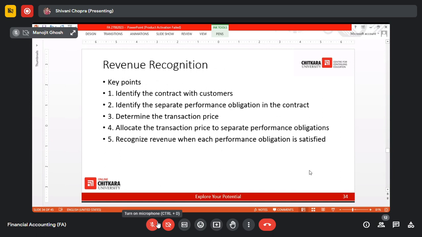The first one is identify the contract with the customer. Okay, identify the separate performance obligation in the contract, determine the transaction price, allocate the transaction price to separate performance obligation, recognize revenue when performance obligation is satisfied.